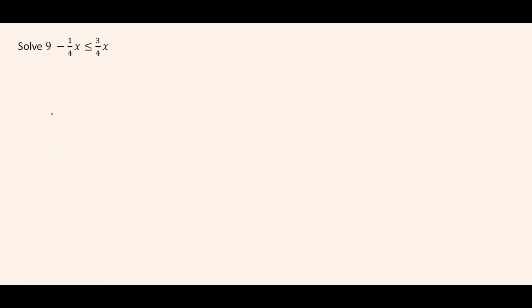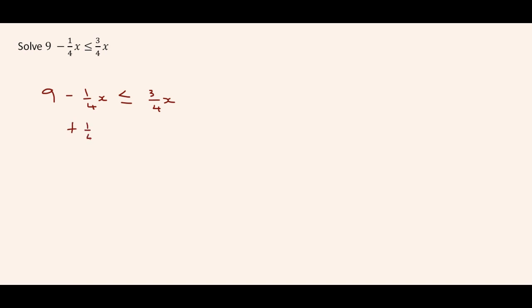Now we have 9 minus 1 over 4x is less than or equal to 3 over 4x. Now we're going to try to isolate the variables and the constant. Because it's a one step, I can only make one mathematical operation, one mathematical step.